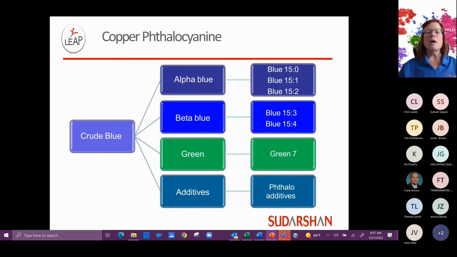The additives are also made from the crude blue. These additives can be used within the manufacturing of the alphas and the betas, or they can be used as an ingredient in different applications as well.